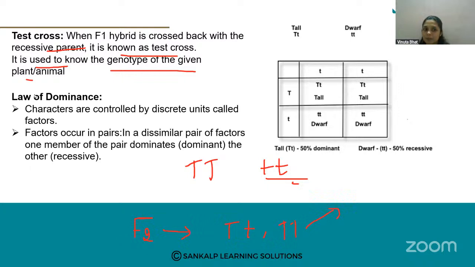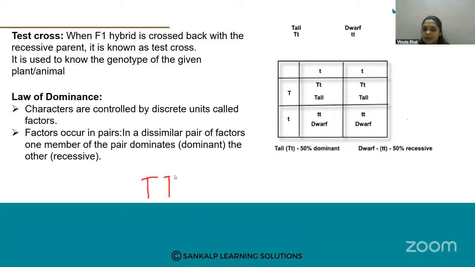Okay, yes, here for example, capital T, tall plant, capital T, crossed with the small t. Okay. So we can find out the F1 hybrid is crossed back with the recessive parent.